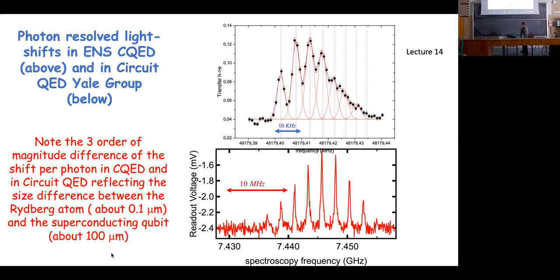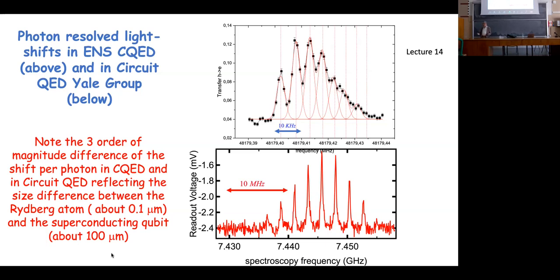But you see there is a big difference in orders of magnitude. In our case, it's about 10 kilohertz per photon. Here, it's 10 megahertz per photon. Why? This is because the coupling they have is much stronger. The artificial atom has a size which is about 1,000 times larger than our Rydberg atom. Rydberg atoms have an electric dipole of 0.1 micrometer, and these artificial atoms have a dipole of 100 micrometer, 1/10 of a millimeter.